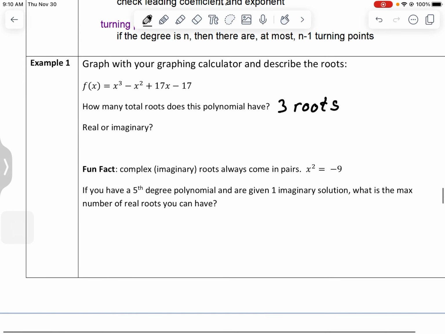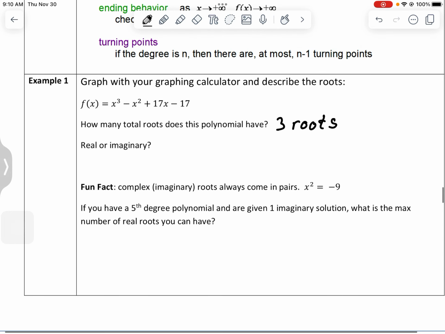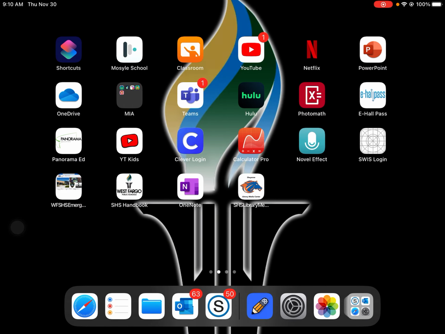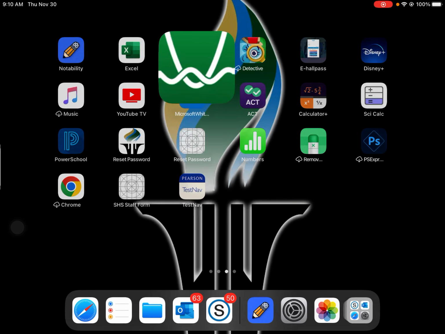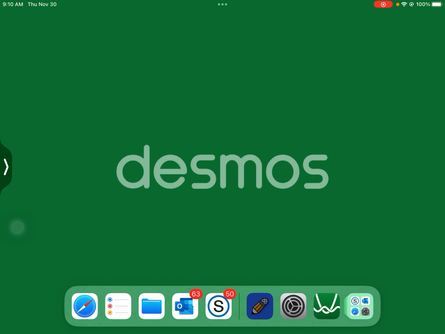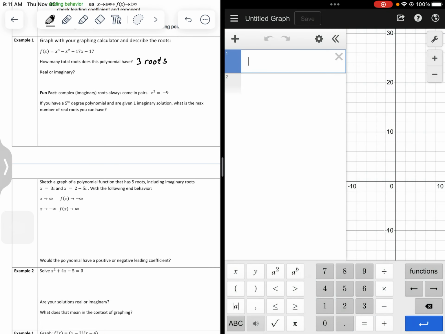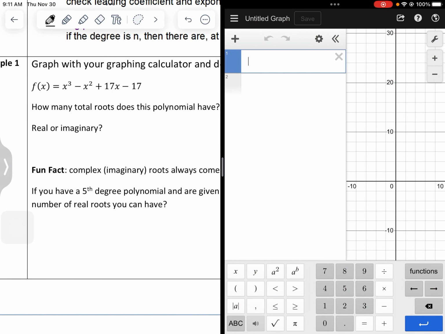So let's go ahead and graph this. Always want to double check as you're going through.